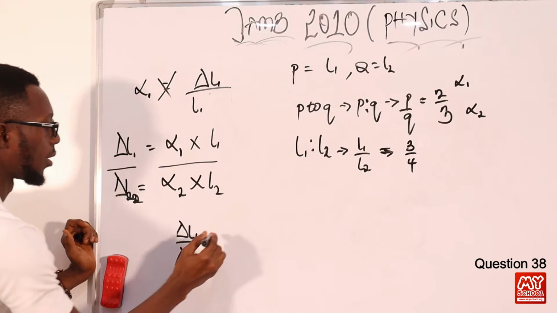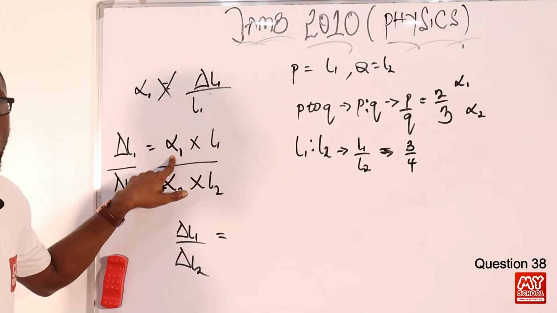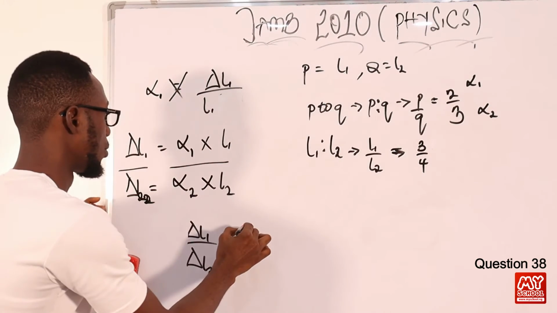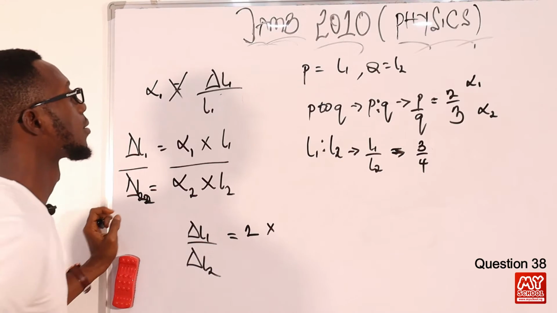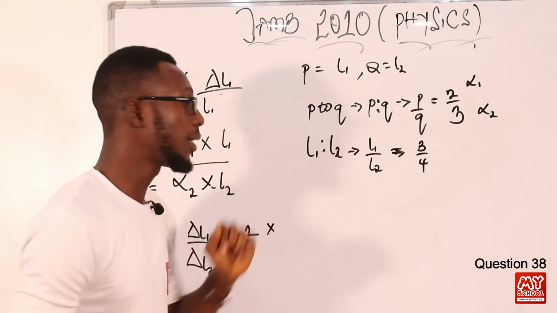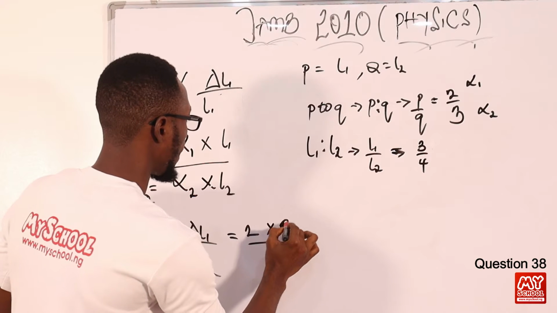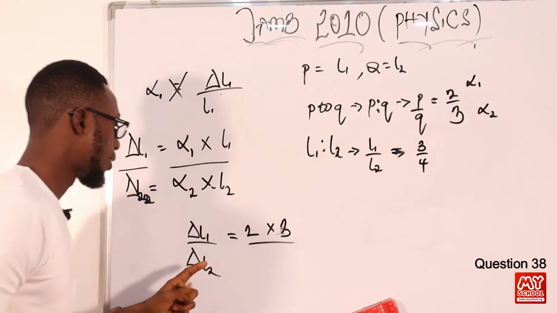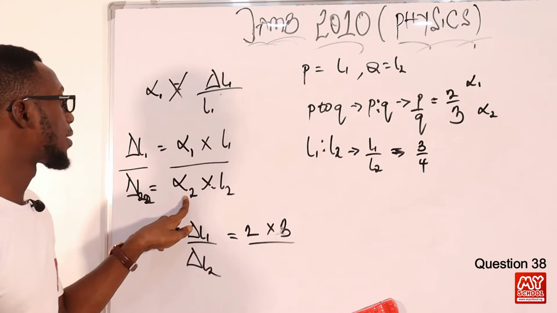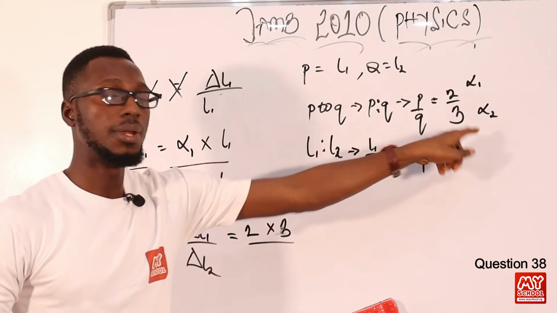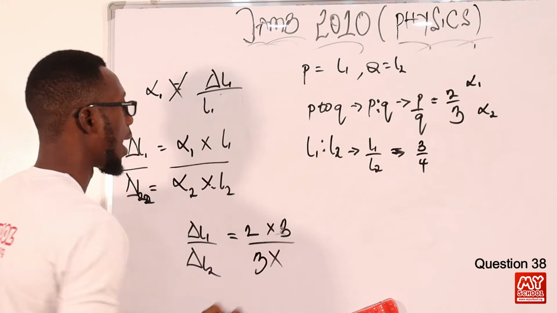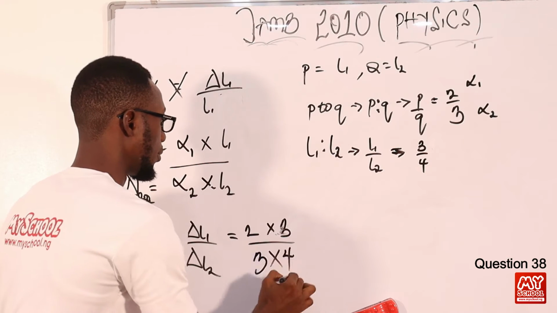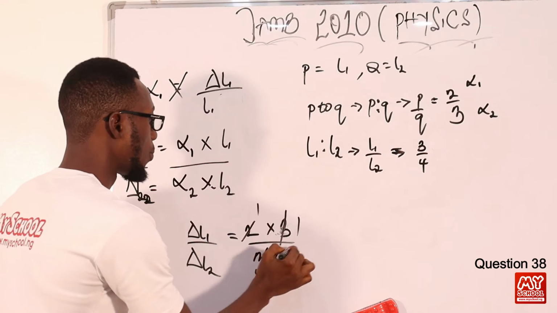So what is the linear expansivity of P? We have 2, times the length, 3, over the linear expansivity of Q, which is 3, times the length of Q, which is 4. 3 goes into 3 once, and 2 over 4 is 1 over 2.